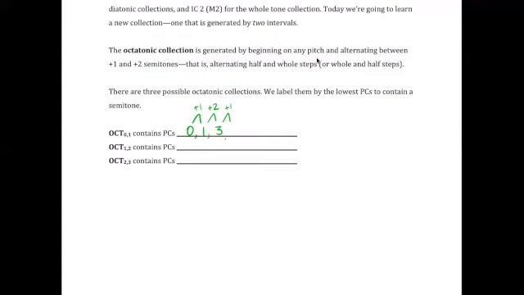And then we just keep alternating. And as you can see, if you do this correctly, you will land, after 8 distinct pitches, back on your starting pitch at pitch number 9. And that's a great way to check yourself. If you land on another note for your 9th note, you know that your math somewhere is incorrect.